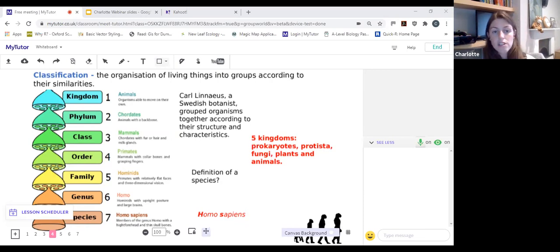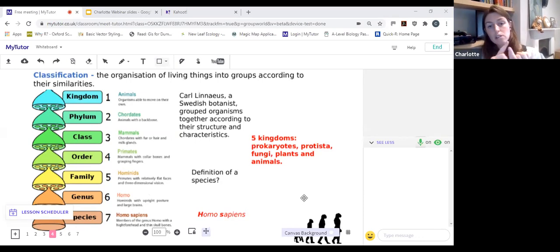The third thing that you need to remember is how to write the scientific name of an organism. So the scientific name of an organism is its genus followed by its species, so the two last levels of that classification system.